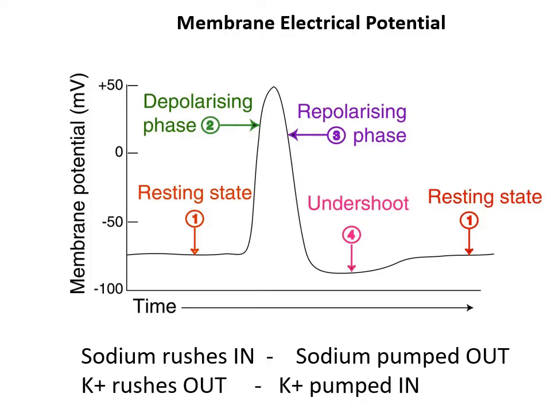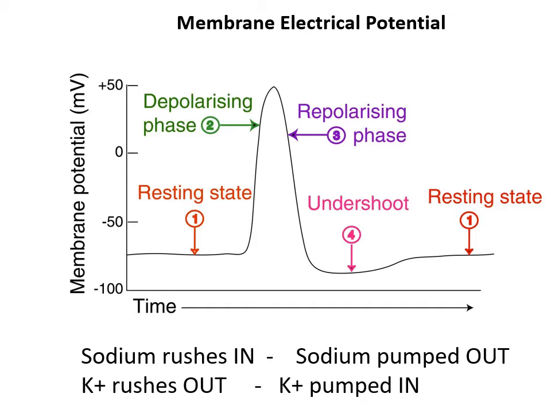Okay, so this is just showing you that there is an electrical potential across every cell membrane. There's the resting state of about -70 millivolts, and that's because the sodium potassium pumps are actively pumping sodium out and potassium in, and they end up with a resting membrane potential.